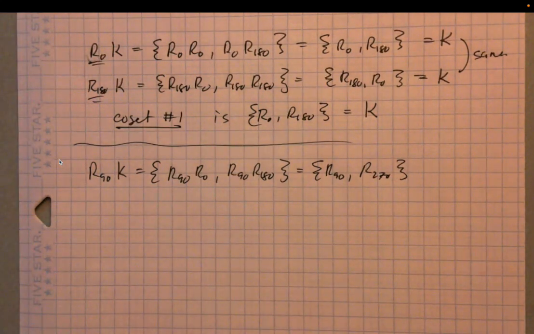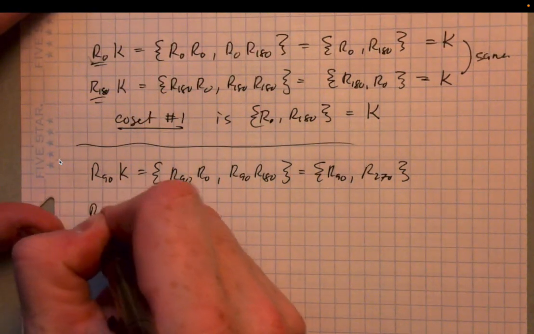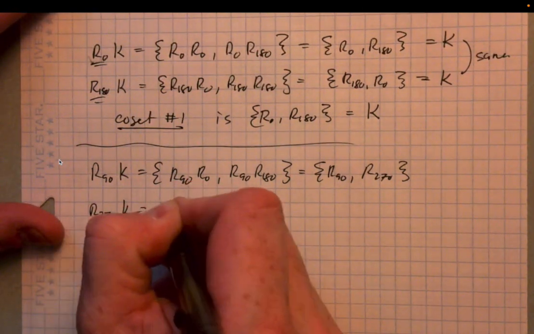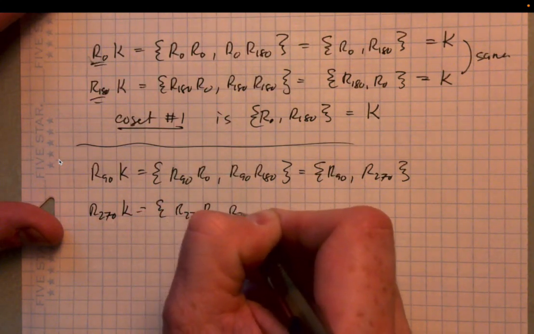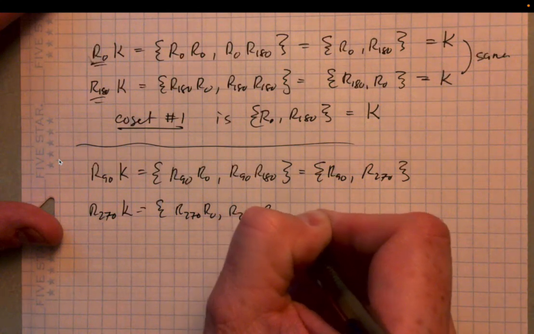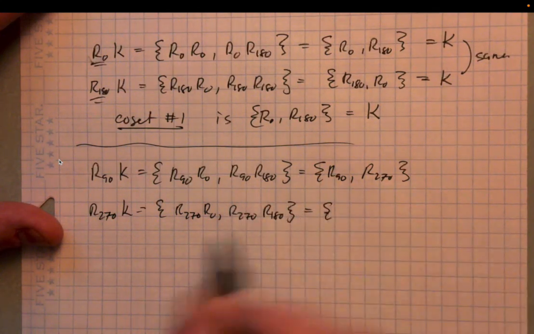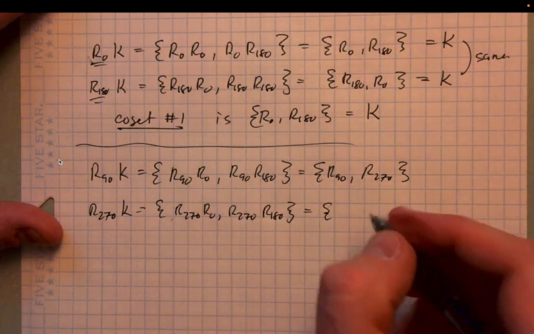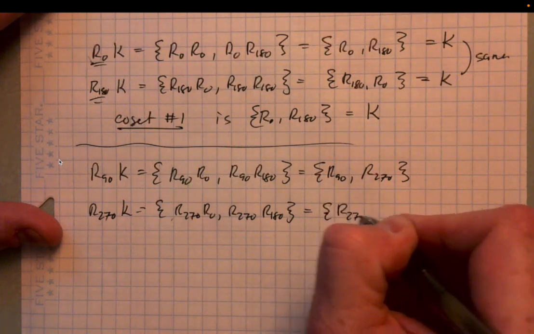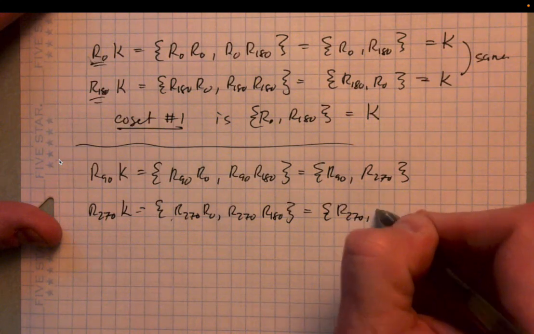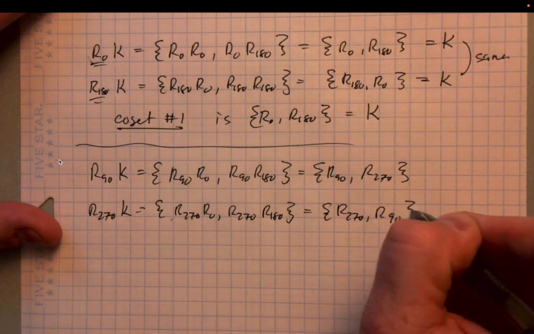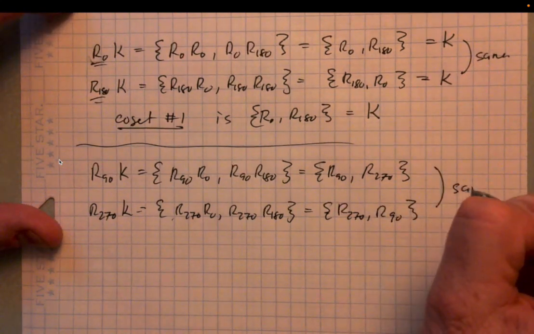I have a hunch that R270K might give me the same answer. Let's check it. You do see that R270 R0 is R270, and R270 R180 is R90. So these are the same.